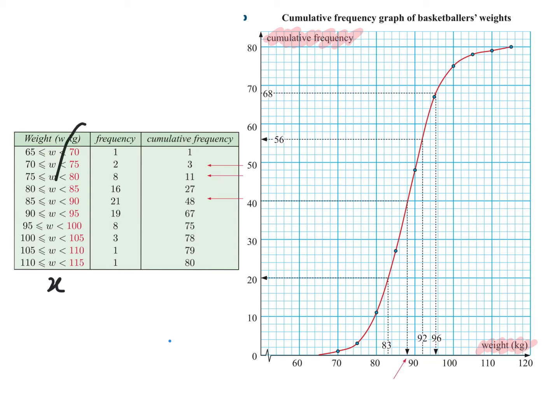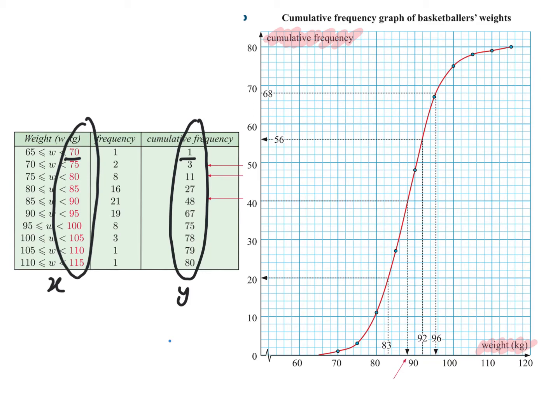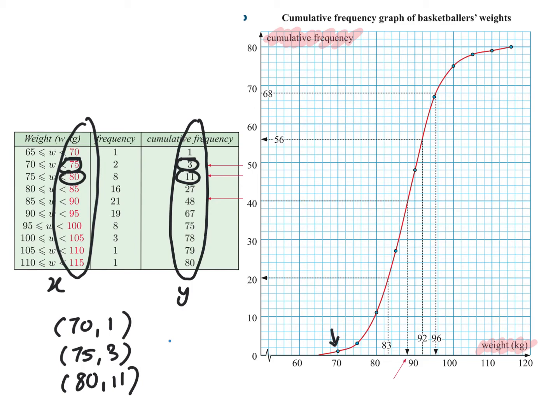We are going to take the upper bound of each class interval as the x value, and the cumulative frequency will be the y value. So the first coordinate will be (70, 1), followed by (75, 3), then (80, 11). All of these will be coordinates on the graph.